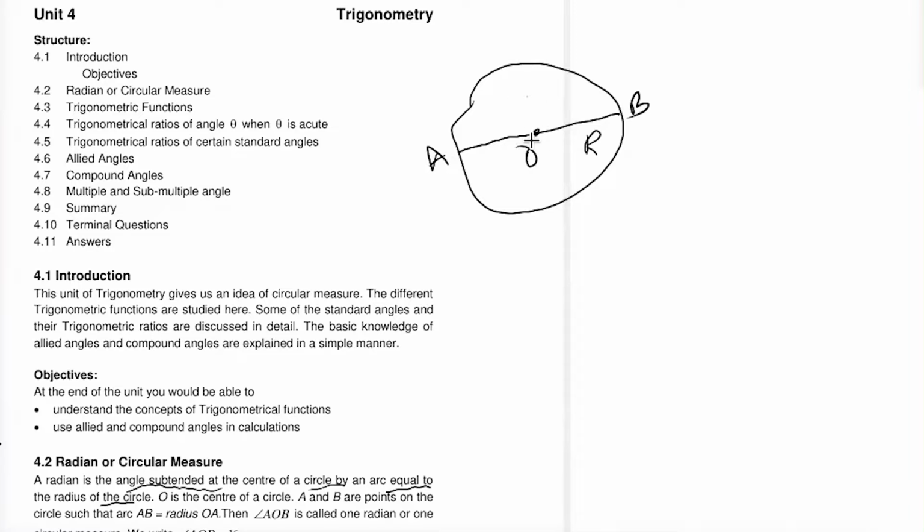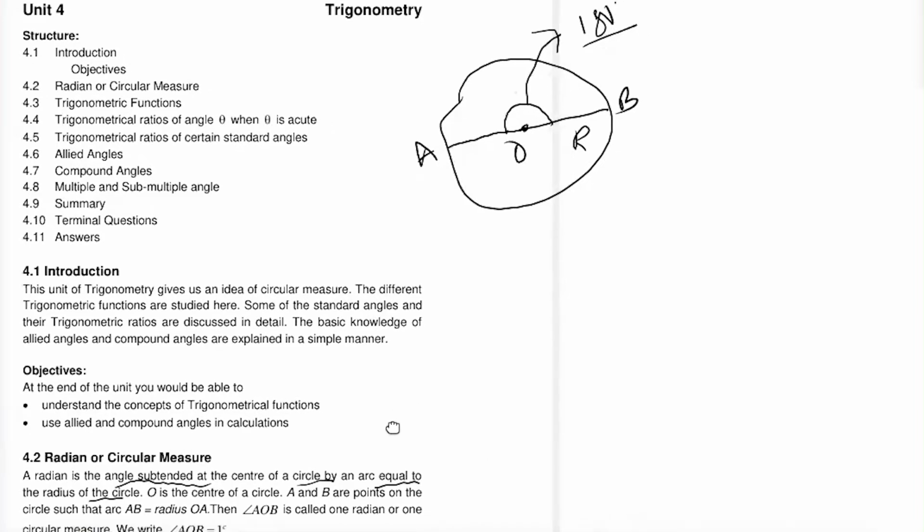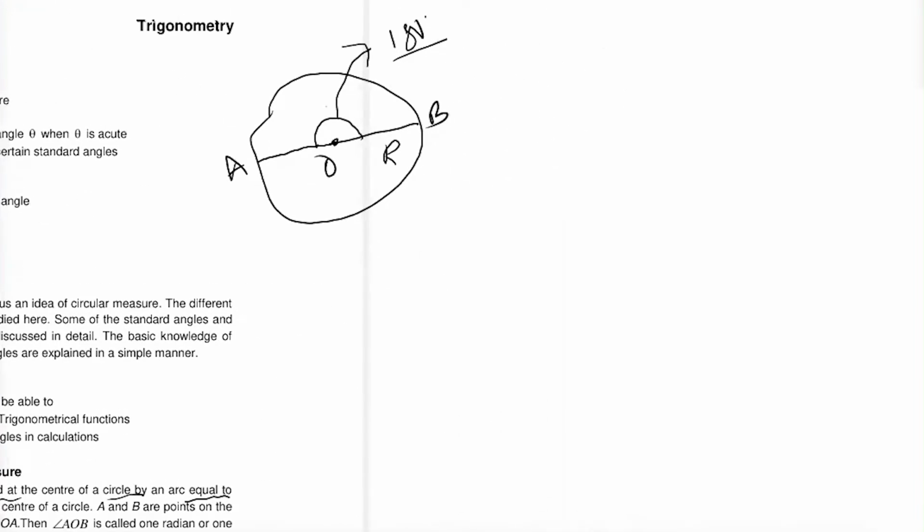All of you know, how much is this angle? 180 degrees. Everyone knows it is basically a straight line, 180 degrees. So this is r, and this half circle is making a 180 degree angle. Let's try to convert it to radian.